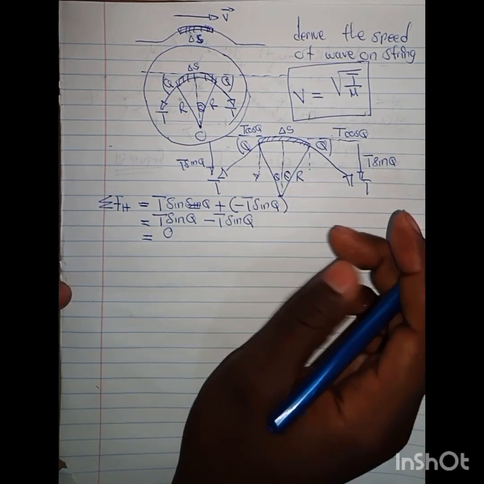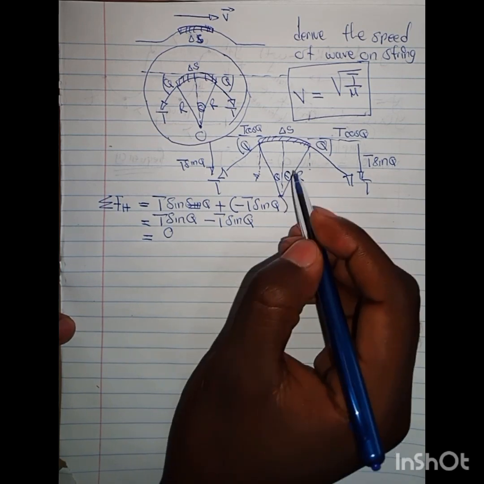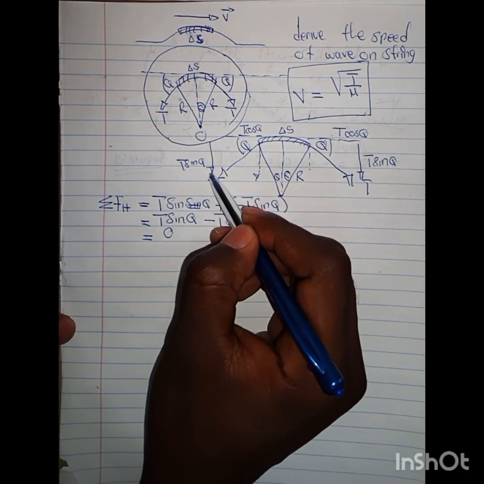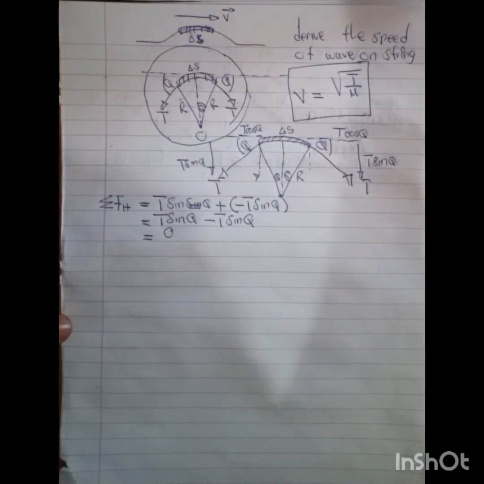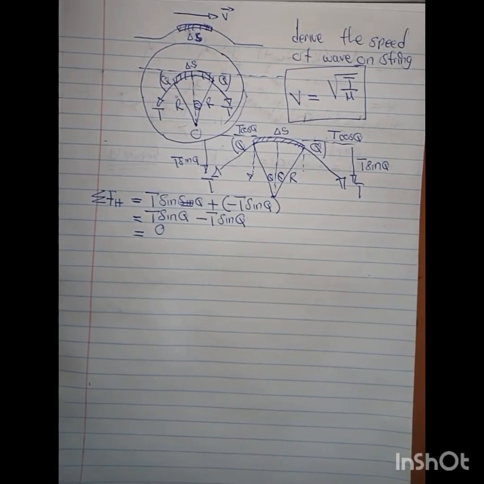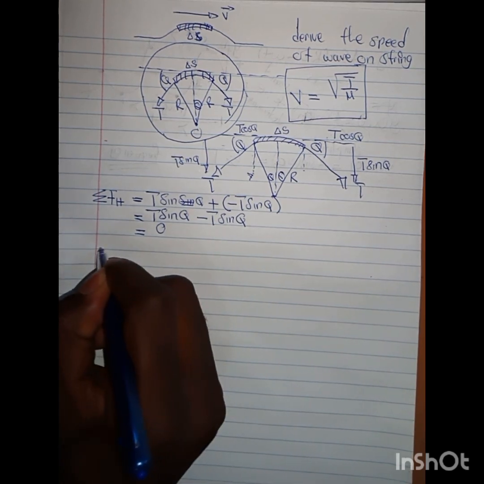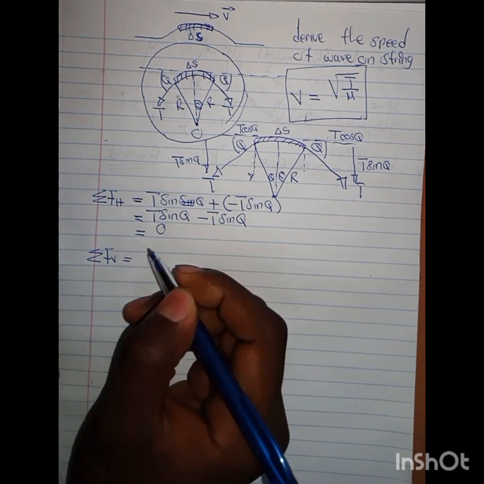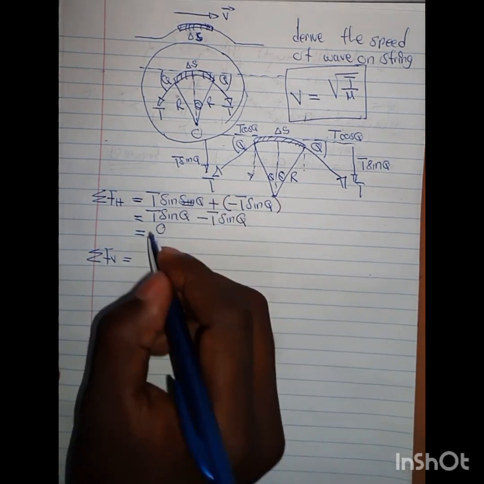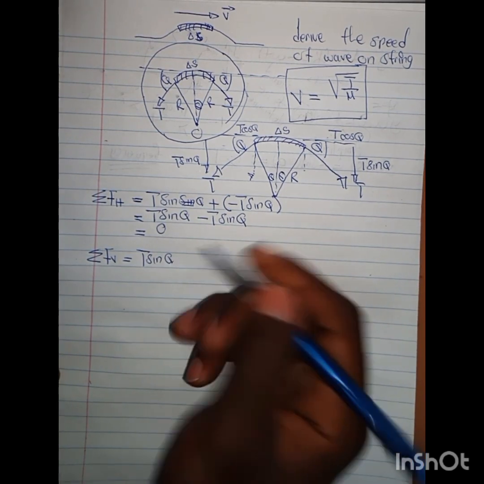Then let us also find the sum of the vertical components. It will be this one and also this one. The sum of the vertical components will have T sine theta, because they are in the same direction.